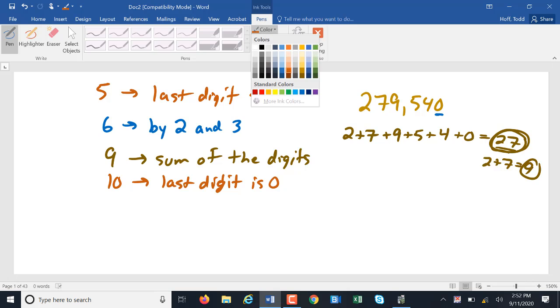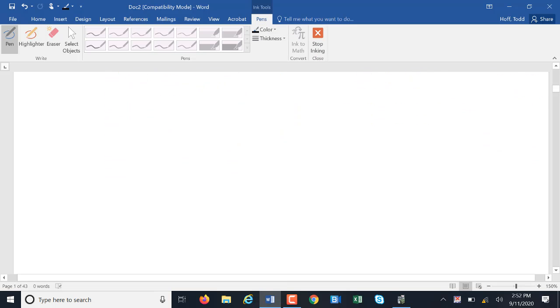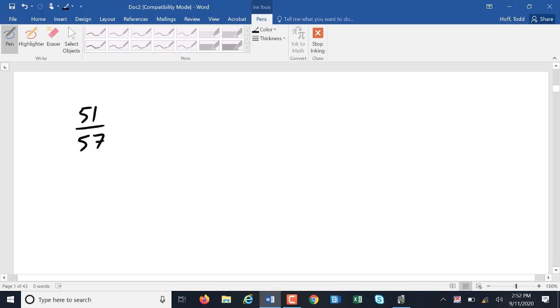So we can use these in a number like, oh, let's see here, 51 over 57. You look at that and you think, well, there's nothing that divides into both of them. Obviously, it's not 2 because they're not even. It's not 5 and it's not 10.